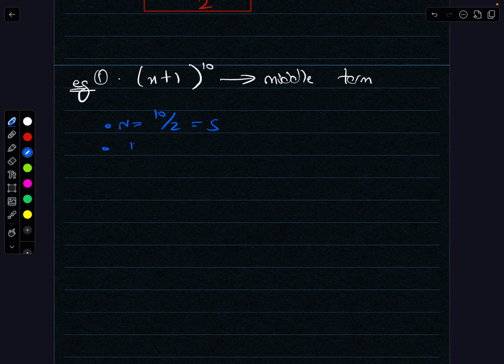Then the second step is expansion and finding the middle term. So 10 minus 5 and 1 to the power r. Expanding this would give me, I'll expand the whole thing in my calculator, so I have 252 x power 5.